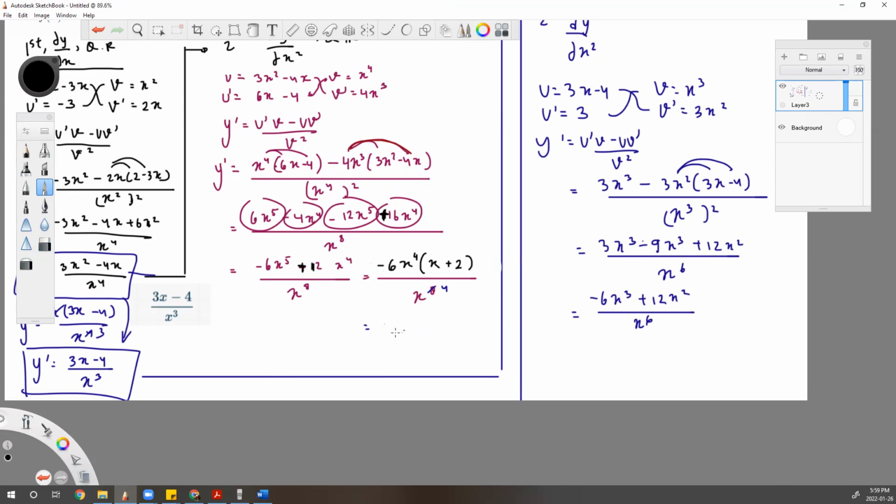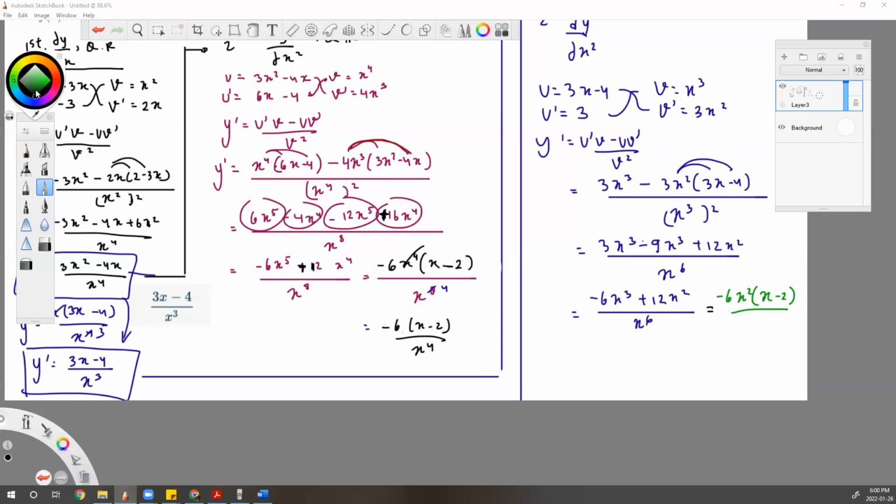Okay, so this is the same, so negative 6 x plus 2 over x power 4, and it will be the same. See, the simpler, the fewer mistakes you can make. Okay, negative 6 x squared, so x minus 2 over, wait, did I do something wrong? Okay, wrong. See, minus, another mistake. Okay, there you go.